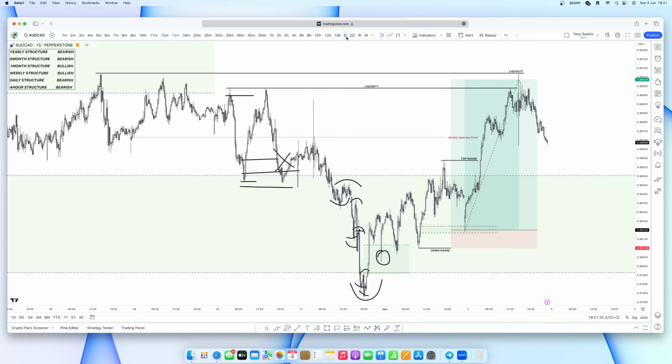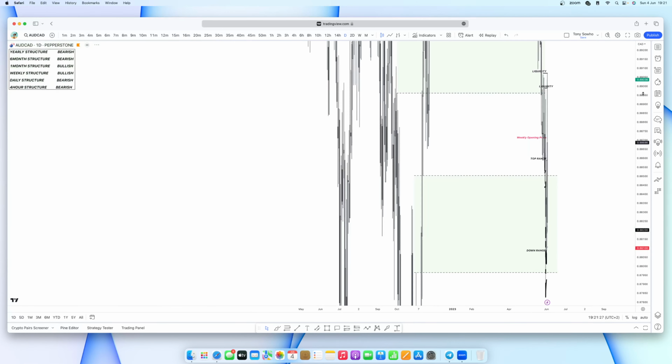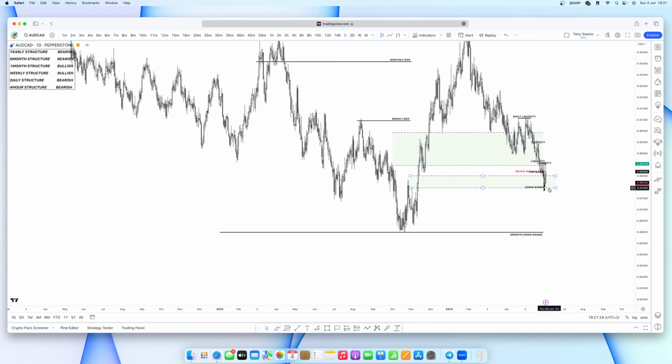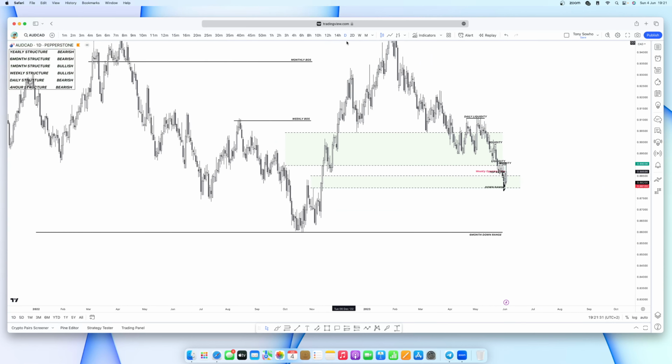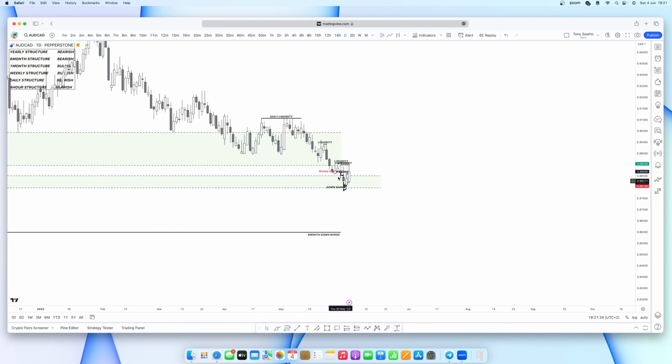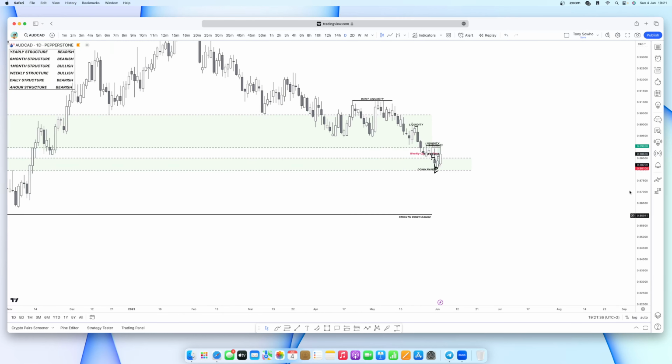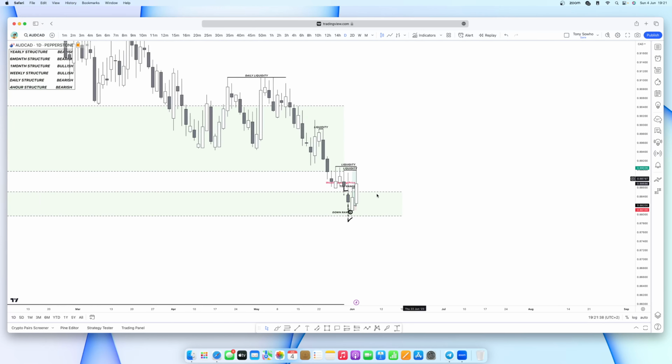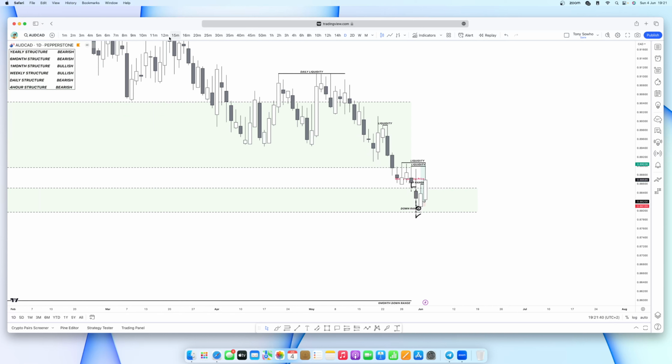Yeah, there is. Because if we check on the daily time frame or on the weekly, remember we are looking to buy. And then going to the daily now, this is what we have on the daily. All right, let me just remove all of this so you can see it clearly.